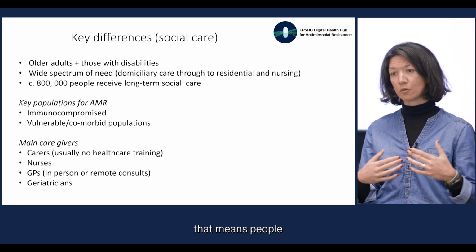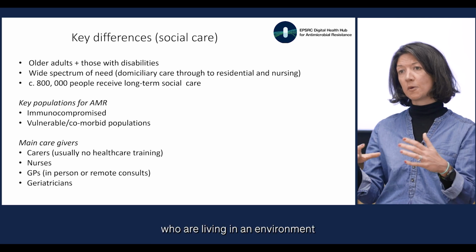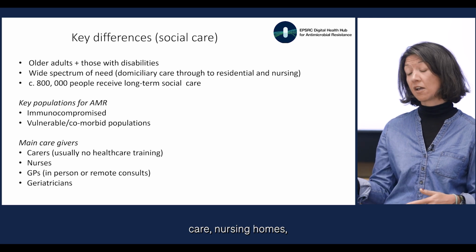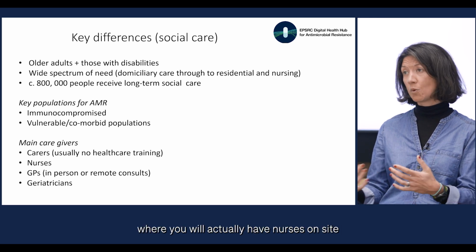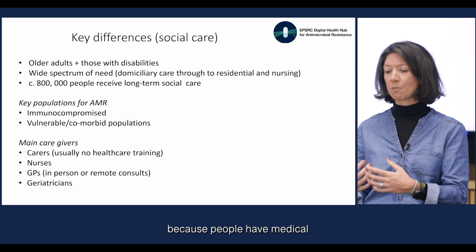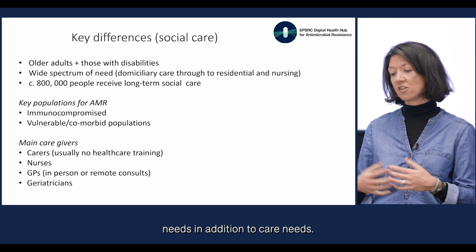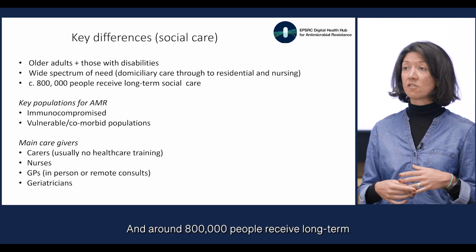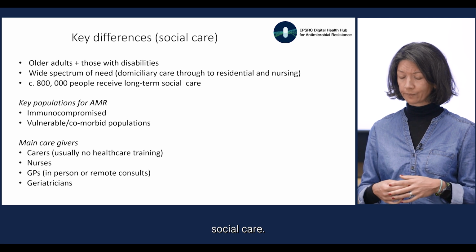And so that means people who are living in an environment where they get support, but they don't have medical needs, through to nursing homes where you will actually have nurses on site because people have medical needs in addition to care needs. And around 800,000 people receive long-term social care.